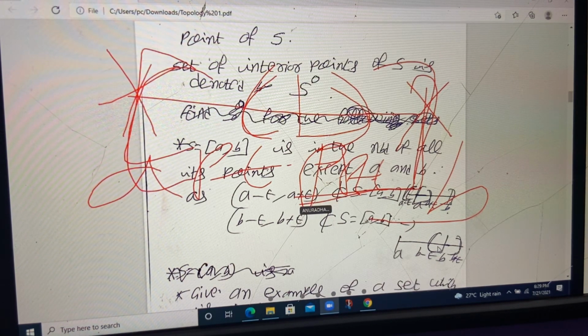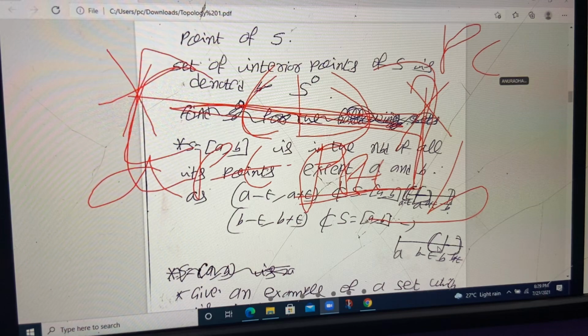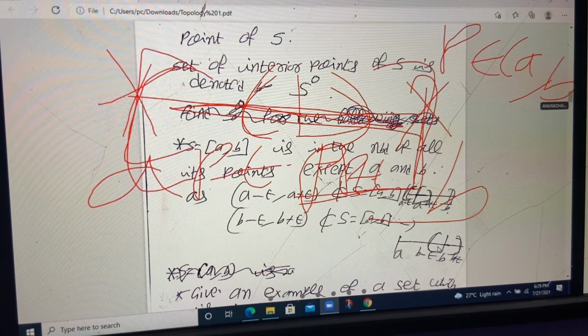Therefore, every point in between A and B is an interior point. P equal to A, not an interior point. P equal to B, not an interior point. But in between A and B, every point is an interior point.